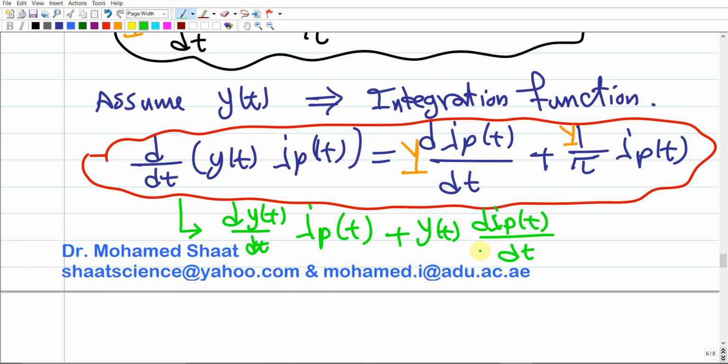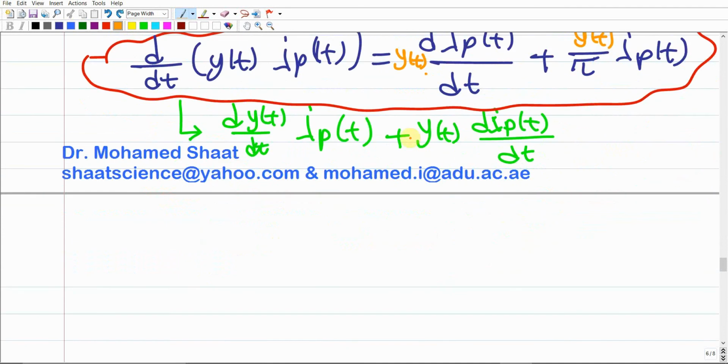Make sense? So if we put this term equal to this term, just to make it more accurate, you should understand that this y and this y are the y of t, right? So we have y of t here, and here we do have y of t. Do you see this term? It's identical on the left-hand side and right-hand side, so they can be eliminated.